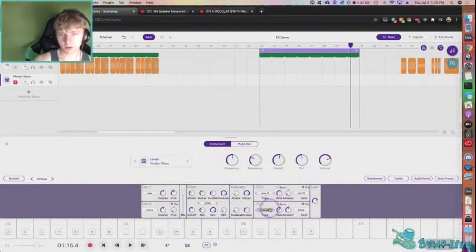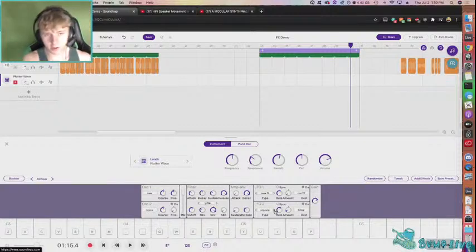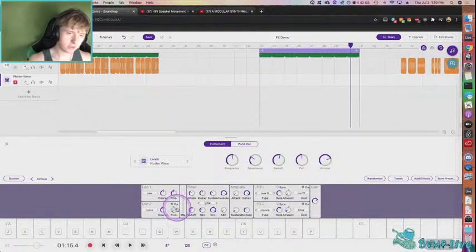Let's turn on LFO 2. Let's go to triangle and let's put it on our filter. And there you go. You've already got a cool sounding synth.